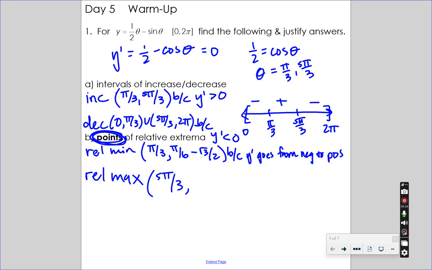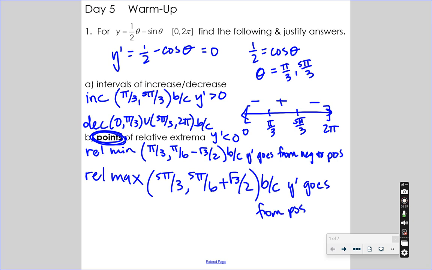So let's see, plugging in 5 pi/3 would be 5 pi/6 minus sine of 5 pi/3 is negative √3/2, so plus √3/2. Because y prime goes from positive to negative. All right, that's what we did last week.